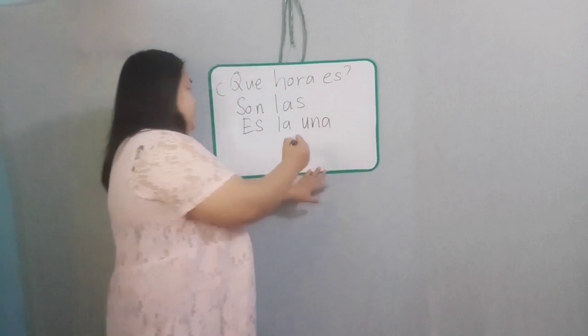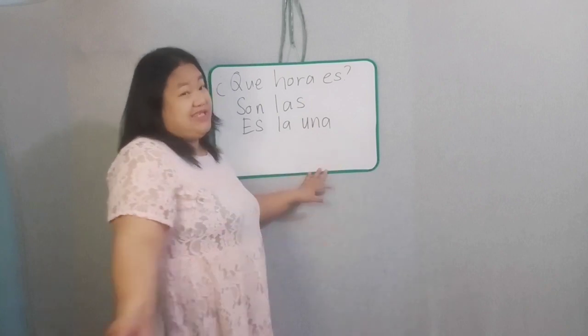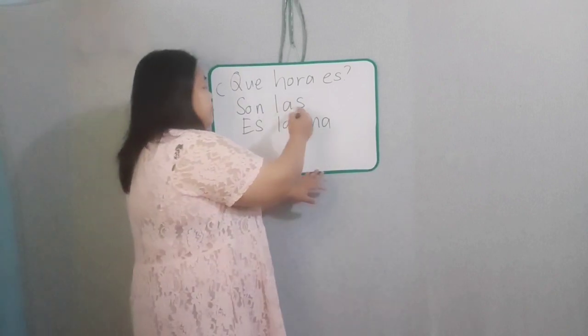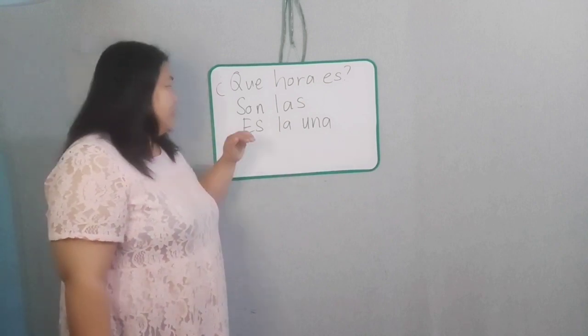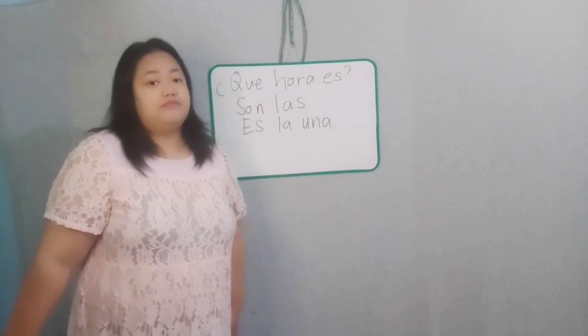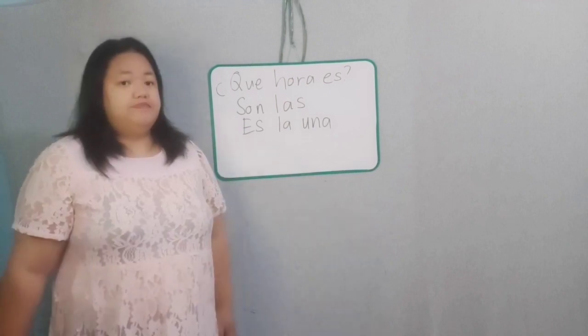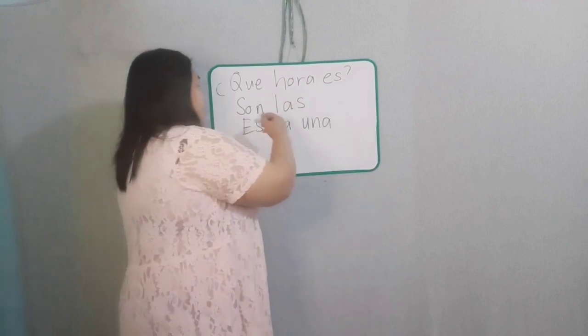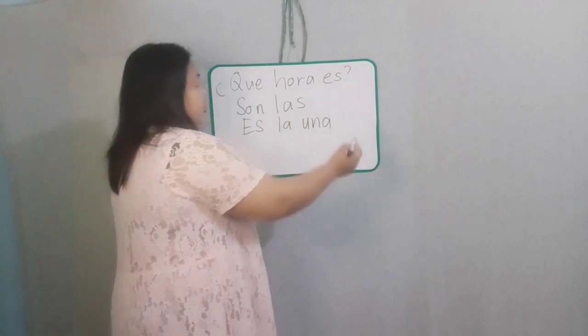Notice that this is la because una is singular, and then son las for any other time. So for 1 is es la una. If somebody asks you, ¿qué hora es? Es la una.